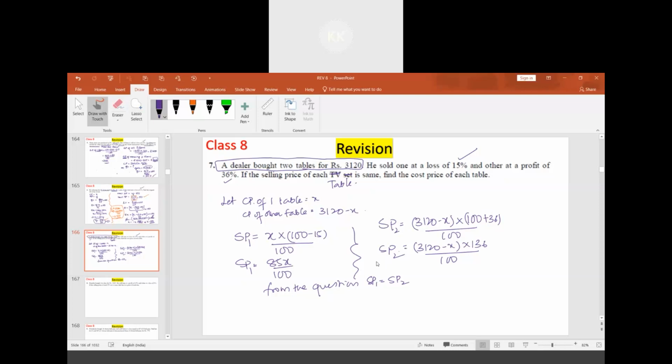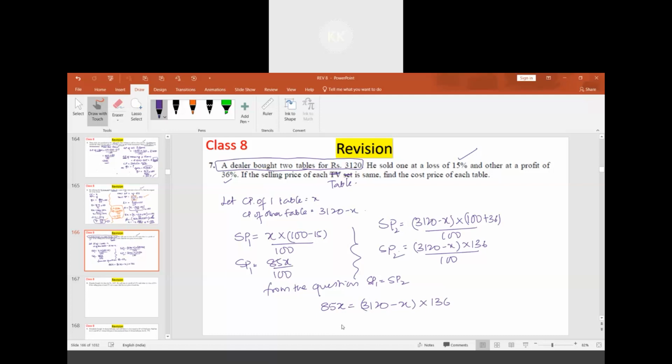In the process of equating them, the denominators are having 100. We can cancel them out. So finally we get 85x equal to 3120 minus X multiplied by 136. Isn't it correct? Yes, sir.